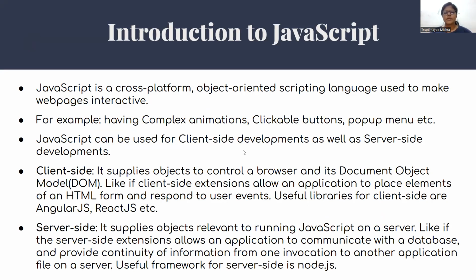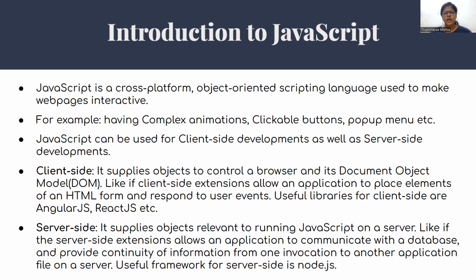JavaScript is used for both client-side development as well as server-side development. What does client-side mean? It supplies the control to the browser and also the document object model. The client-side extension allows the application to place an element in the form and also respond back to the user. The libraries used on the client side are AngularJS and React.js.